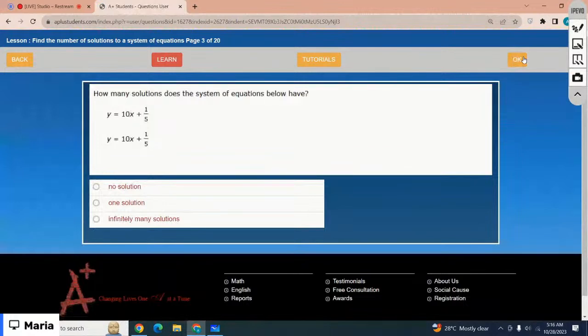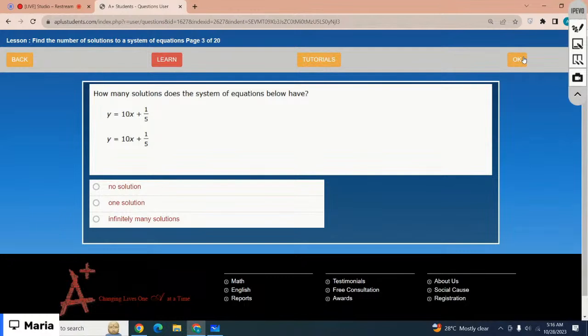Okay, for this one, y equals 10x plus 1 over 5 and y equals 10x plus 1 over 5. Which option is the correct one? Both the equations are identical, right? That means the system has infinitely many solutions.